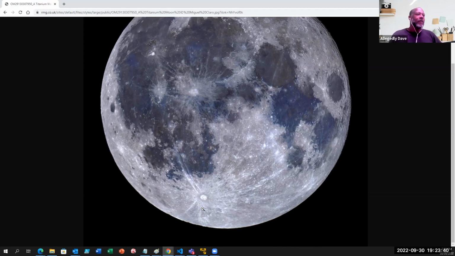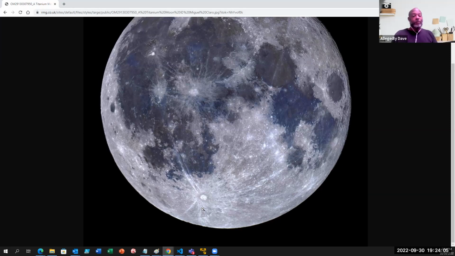Okay, well, the thing about our eyes, we have an angular resolution of 0.02 of a degree. So the triangle formed by your eye, the top of an object and the bottom of the object, right? If that angle is below 0.02 of a degree, we can't see it. It's gone.